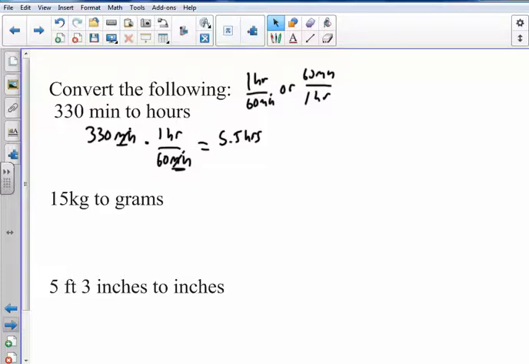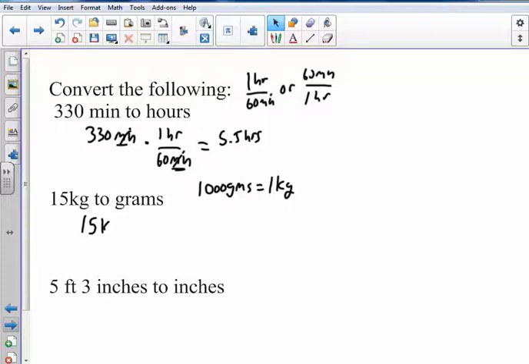If we're talking about kilograms to grams, you have to know the kilogram to gram conversion, and we know that when we talk about kilo, that means 1,000. So 1,000 grams is equal to 1 kilogram. So is it going to be 1 kilogram over 1,000 grams, or is it 1,000 grams over 1 kilogram?